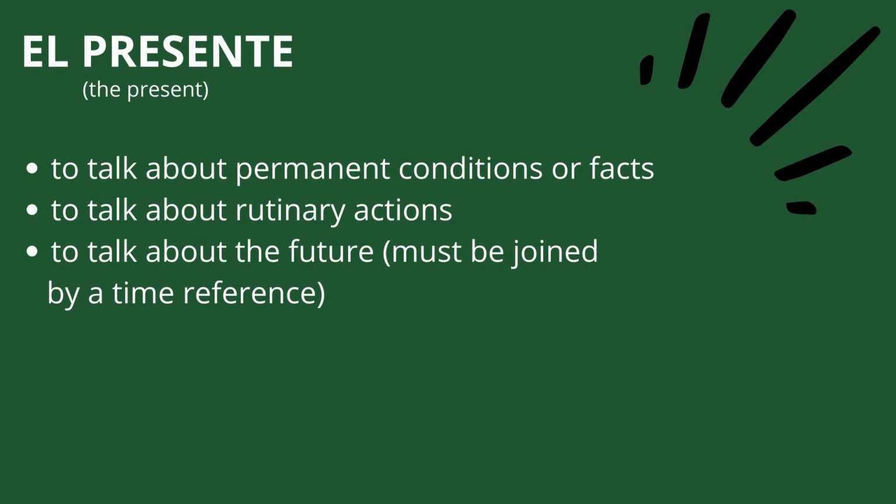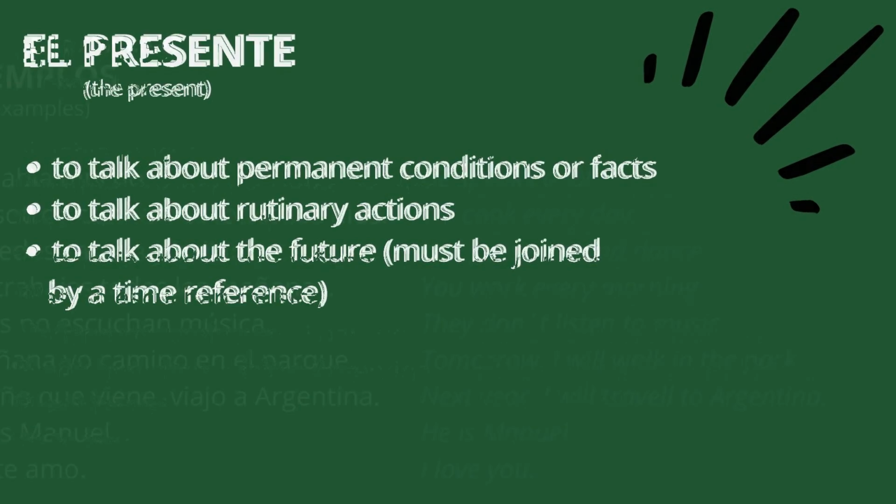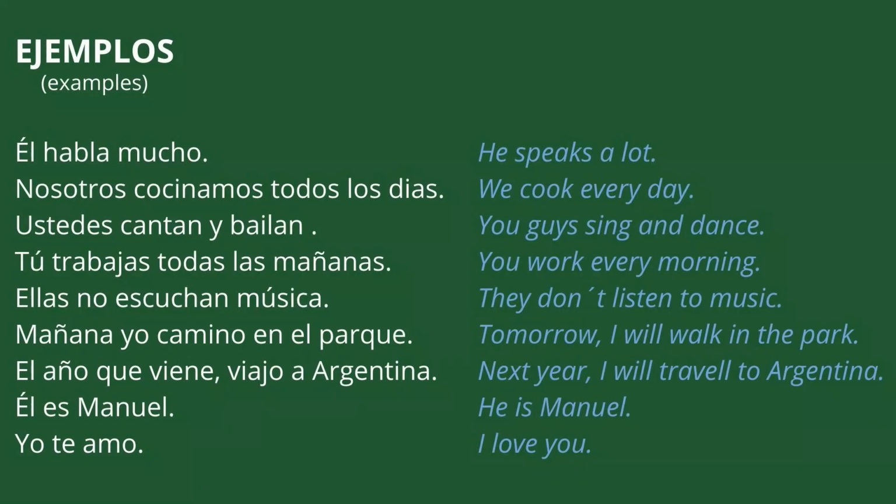To start wrapping things up, we're just gonna go over some sentences that use the verbs that we just learned. Él habla mucho. He speaks a lot. Nosotros cocinamos todos los días. We cook every day.